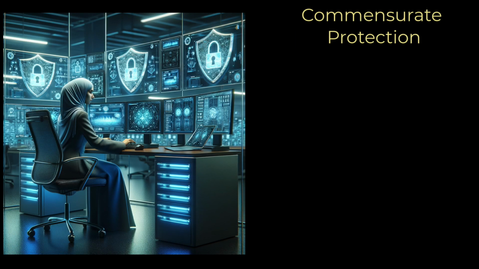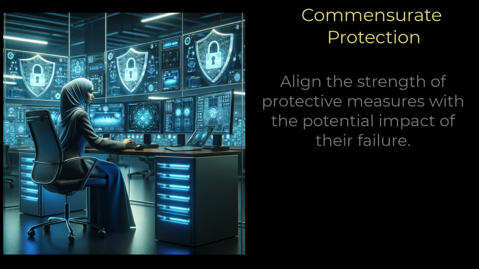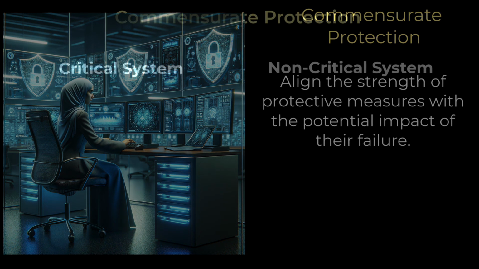The commensurate protection principle is about aligning the strength of protective measures with the potential impact of their failure. In simpler terms, the more damage something could cause if it went wrong, the stronger the protection around it should be. We perform risk assessments and identify the most significant adverse outcomes and then ensure our safeguards for those are proportionally robust.